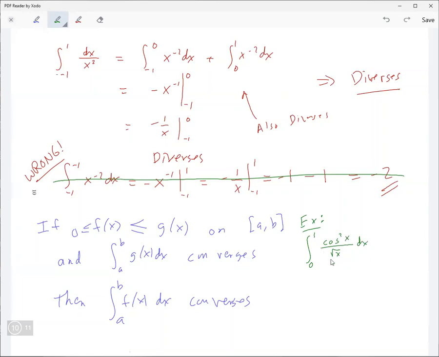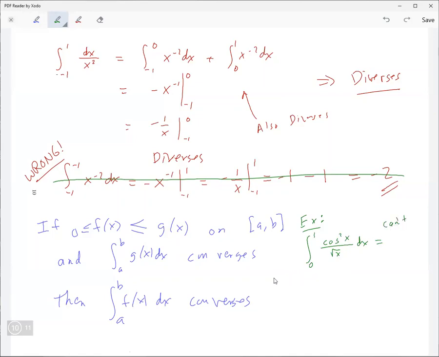This is something you can't integrate, but you know that it has a problem at 0, because when you plug a 0 in here, it gives you a 0 in the denominator. When you plug a 0 into the numerator, it just gives you a 1. So this is when you can't integrate.